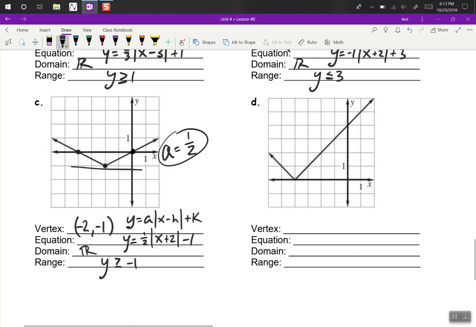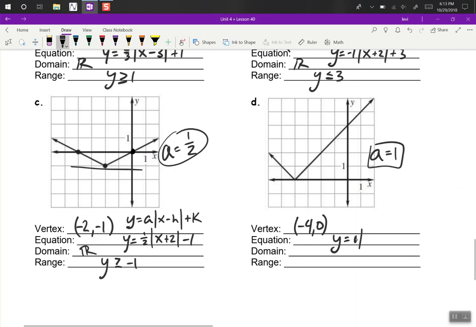This point, our vertex is 1, 2, 3, 4, negative 4, 0. We're not up any. Our a value, our slope, is up 1 over 1, so a is 1. So our equation, right, y equals a, which is 1, so 1, I'll write it.